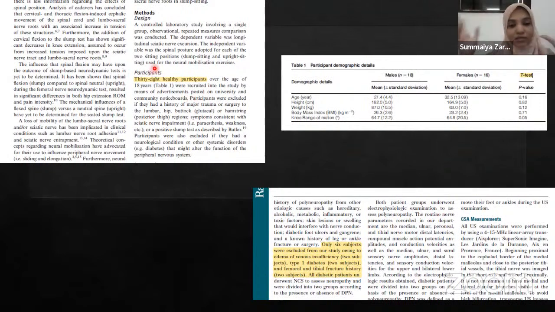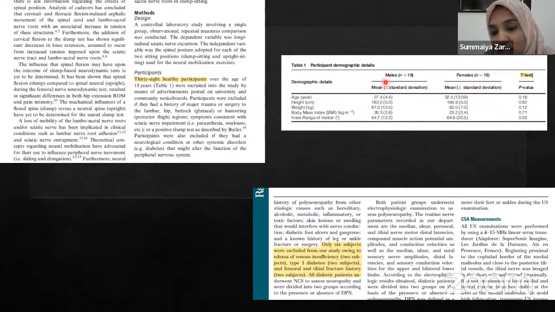That is how you get a very mixed variety of people coming in and approaching you rather than you approaching them as a researcher. So these 38 healthy participants, if you see, their demographic details were taken, and what they did is they divided 38 into 18 plus 16.